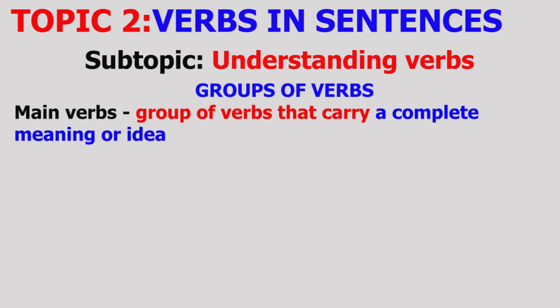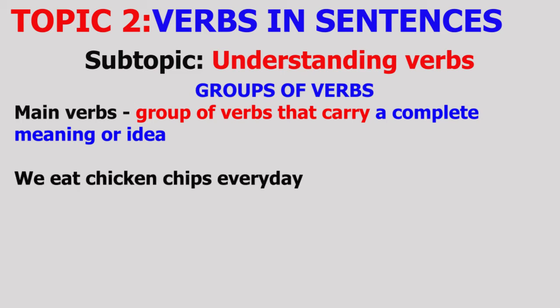For example, if you say, we eat chicken chips every day. The word eat there is a verb. It shows an action of eating. So eat is a verb. Eat shows action, the action of eating.